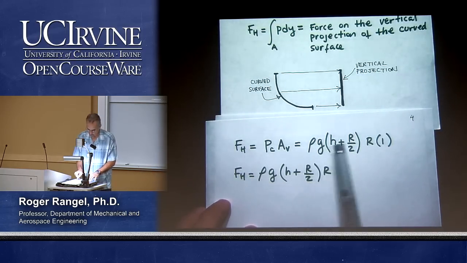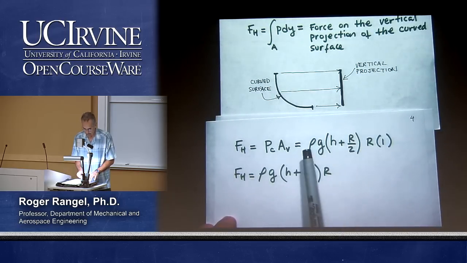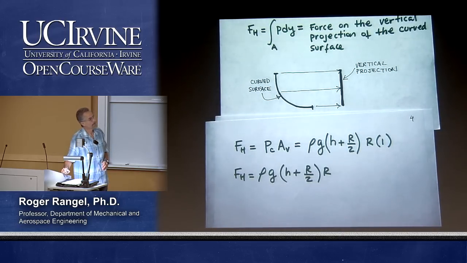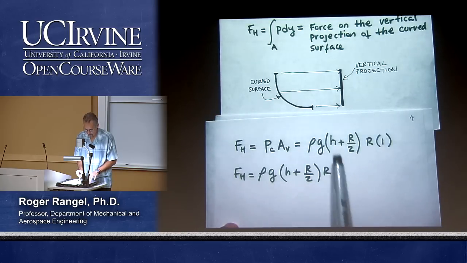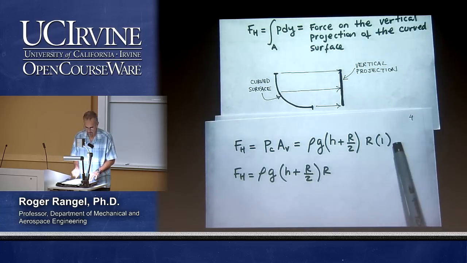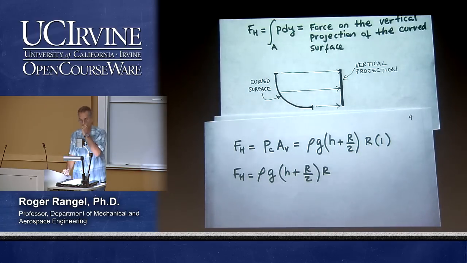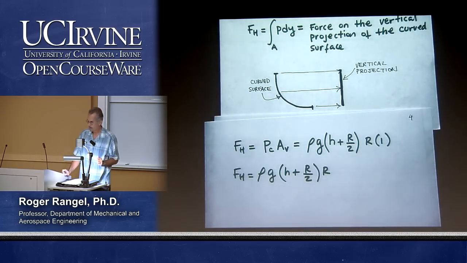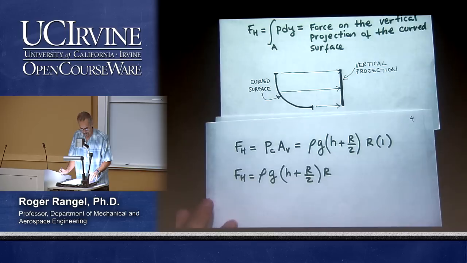So it's really h plus r over 2 that is the total depth to the centroid, and then times rho and times g to get the pressure. So the pressure at the centroid is rho g times h plus r over 2, and the area is r times 1. If we just get rid of the 1, then we get an expression there for the horizontal component of the force. So that's how we find the vertical and horizontal components of the force on a curved surface.